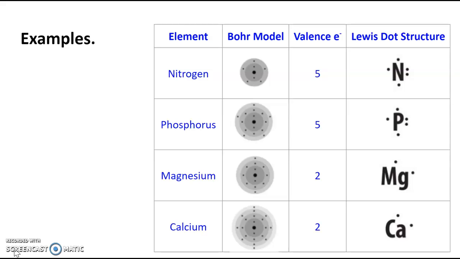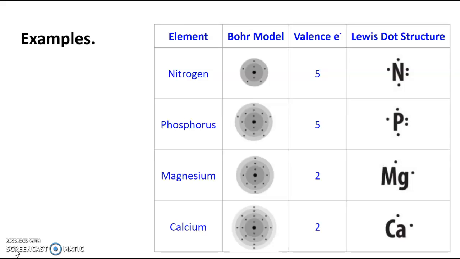You can draw 1 pair together and 3 by themselves. It doesn't really matter. Ultimately, if we had 8 valence electrons, we would put 2 on each side, and then one pair on the top and 1 pair on the bottom.